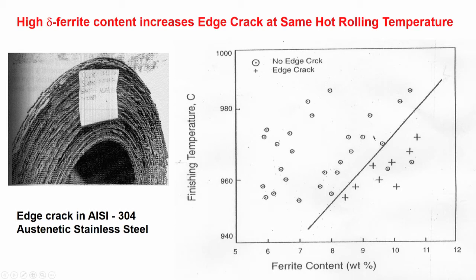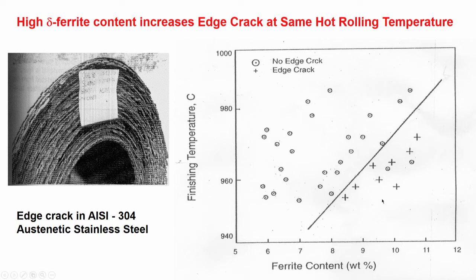What is important to understand is that ferrite content is created by chemistry imbalance. That means your chemistry has to be such that ferrite content is not more, preferably less than 6 or 7%. But if it is slightly more, then you can salvage the situation by finishing the hot rolling at higher temperature.